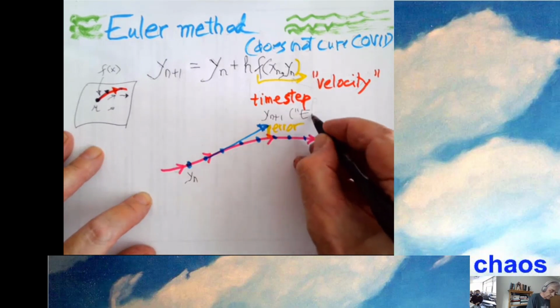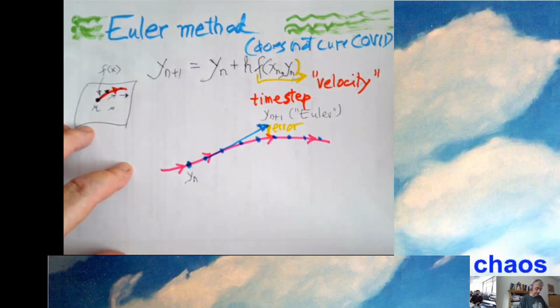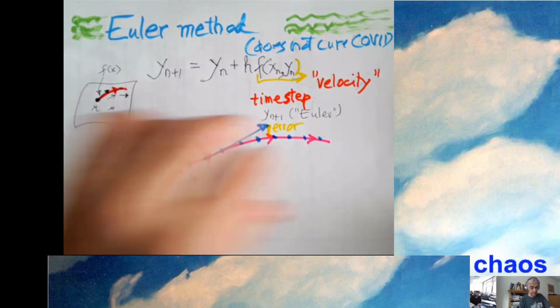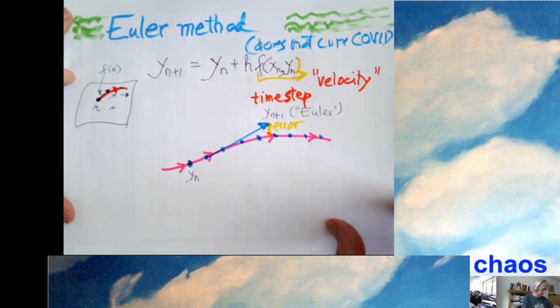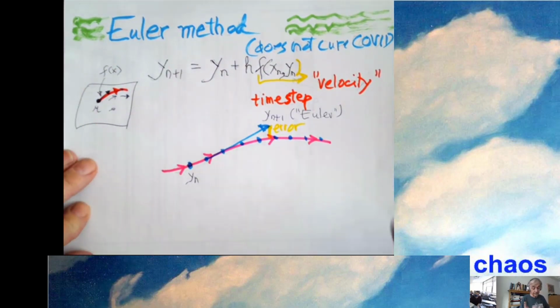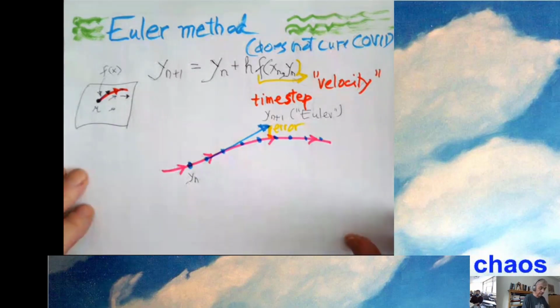Poor Euler. And if you put it on your phone, it will either create big errors or be very slow because you'll have to evaluate this velocity very often, and that can cost money.